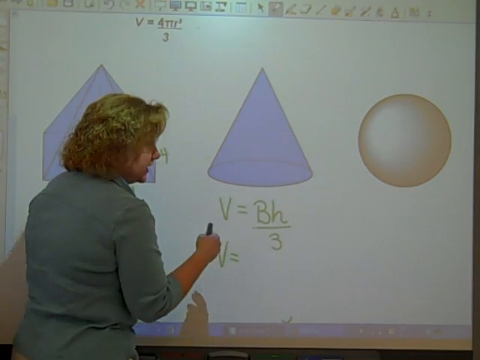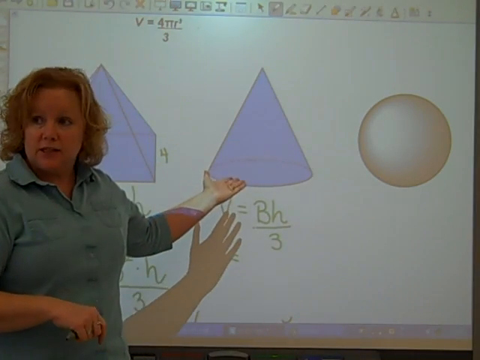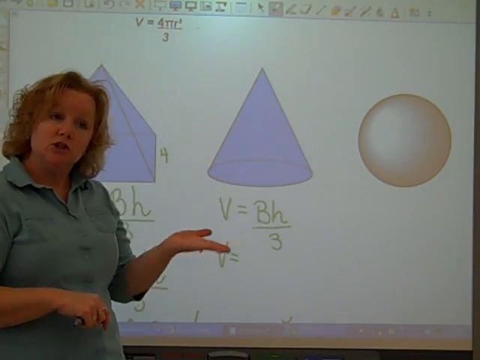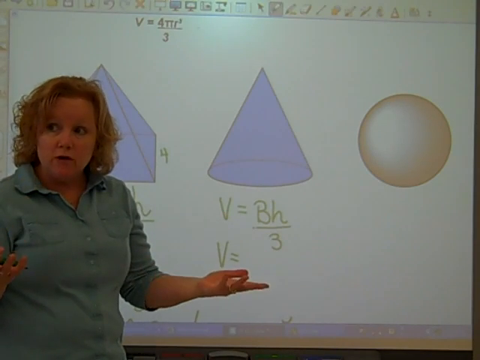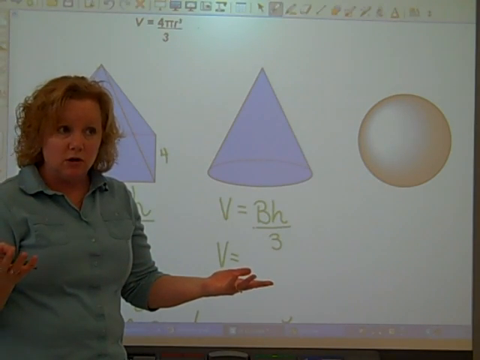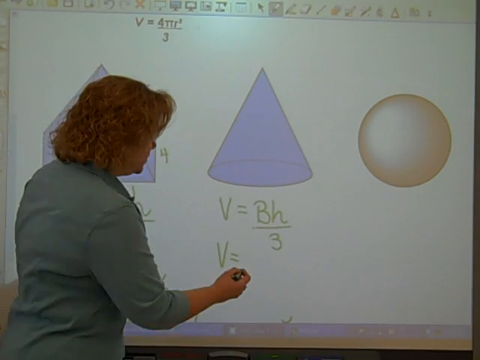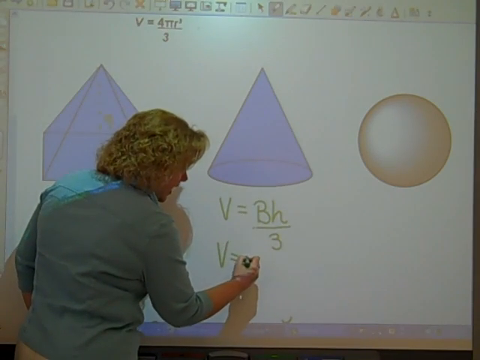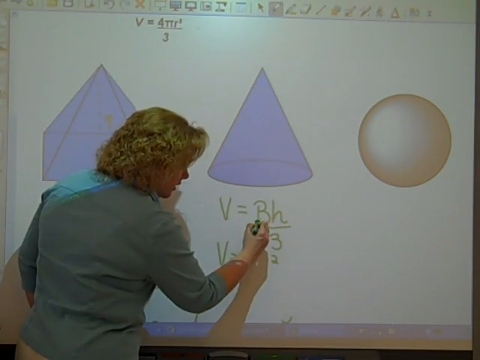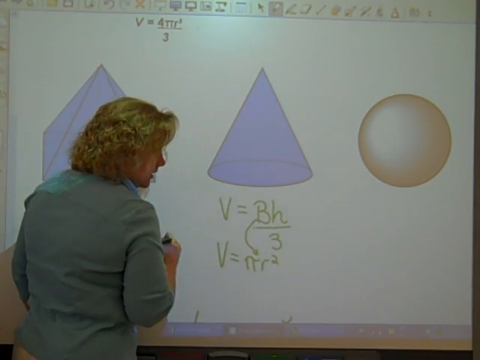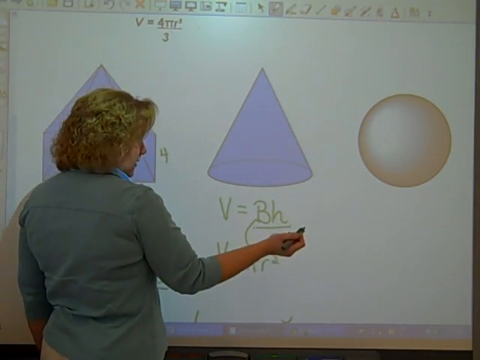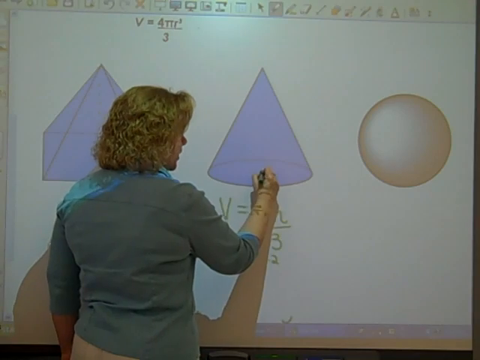Now in this case, what's the base here, Brittany? A circle. Do I know the formula for the area of a circle? Yes. So we're going to put in pi times radius squared. That's the big B. What is the radius of my circle?